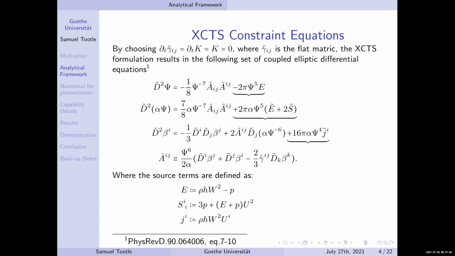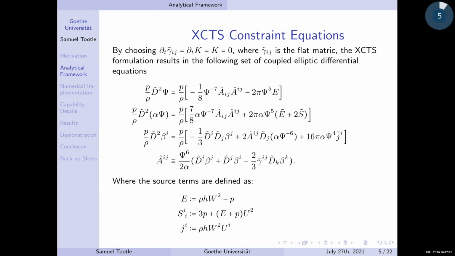However, when we do solve with sources, so neutron stars, the system of equations we actually solve has this inclusion of a p over rho. So analytically, you look at this and you think this is kind of dumb because nothing's changed. But that's the point of it.